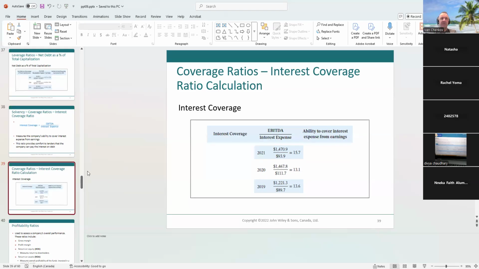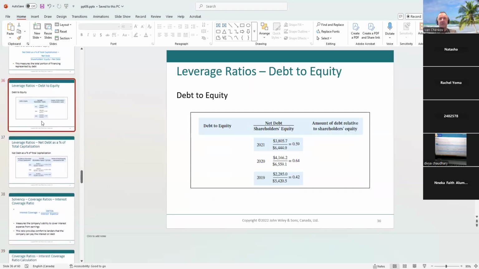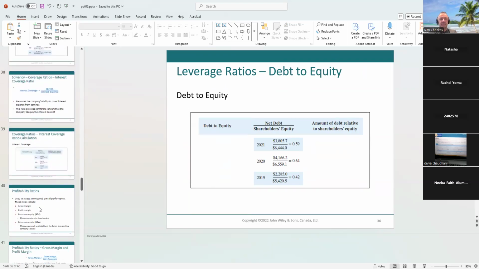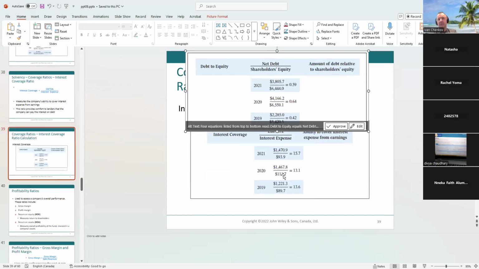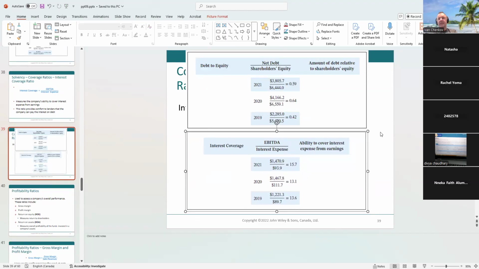The question is, is that good for the company? Well, let's check something. Where is my debt to equity ratio? Let's compare those two tables and let's think about it.